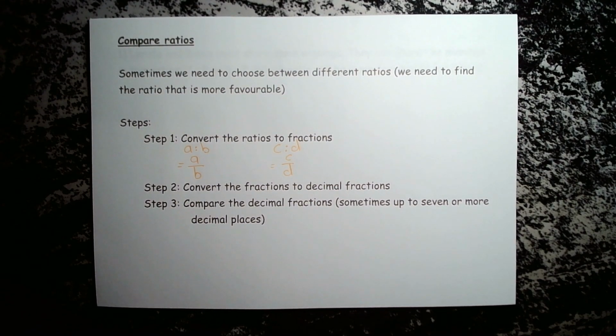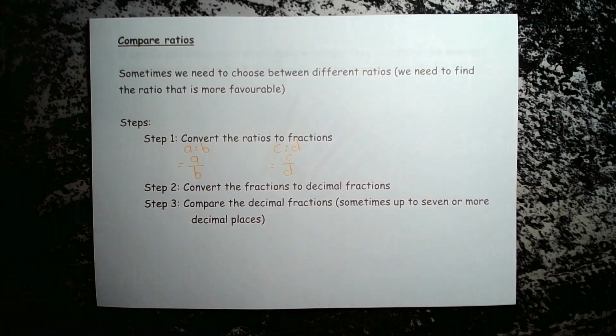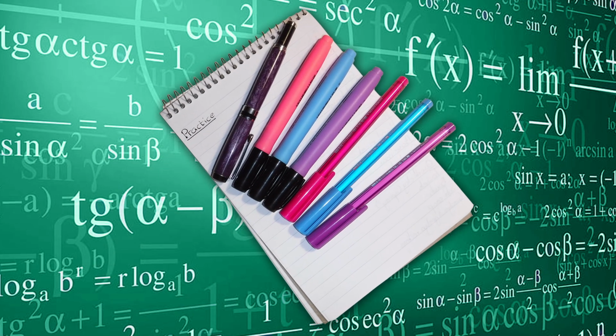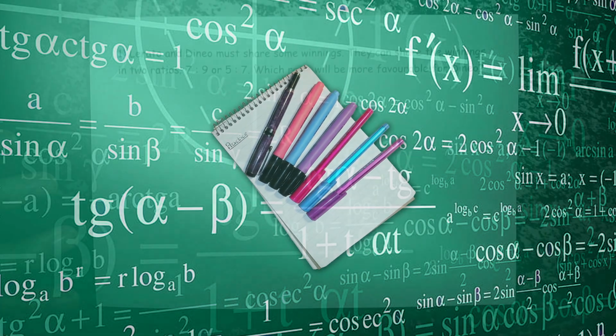Step 2 would be to convert the fractions to decimal fractions, whether through long division or using your calculator. And then thirdly would be to compare the decimal fractions. Sometimes you would need up to 7 or more decimal places in order to do this as accurately as possible. Let's have a look at a few examples for practice.